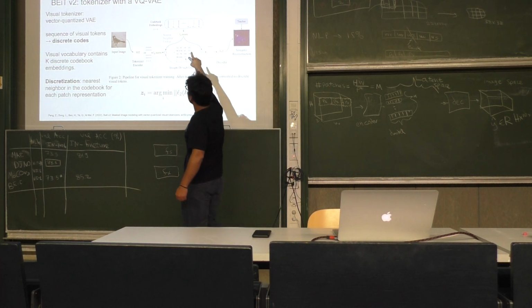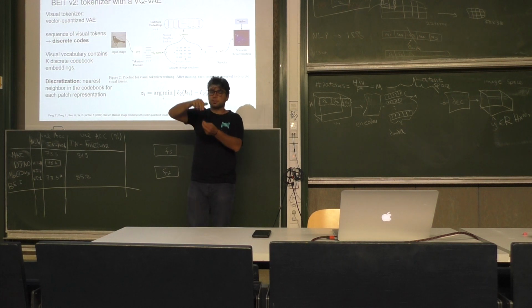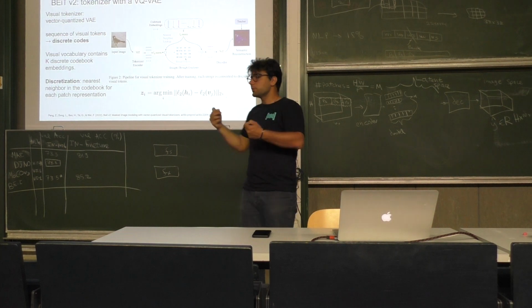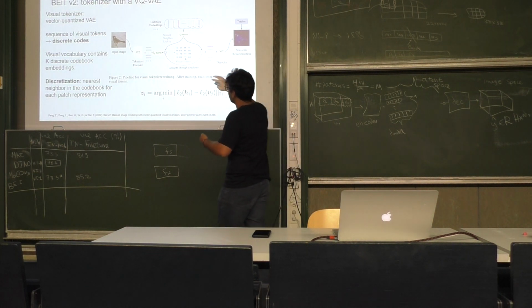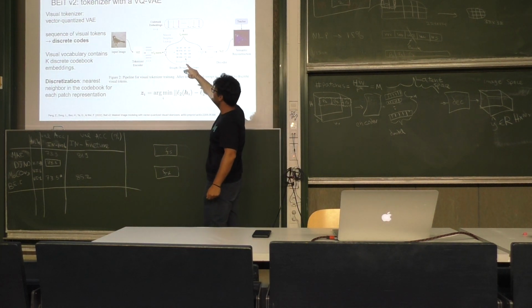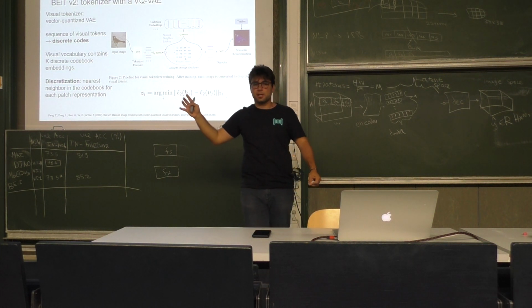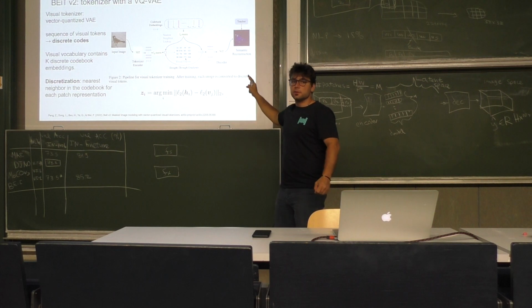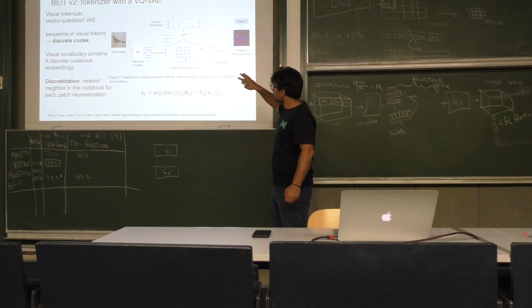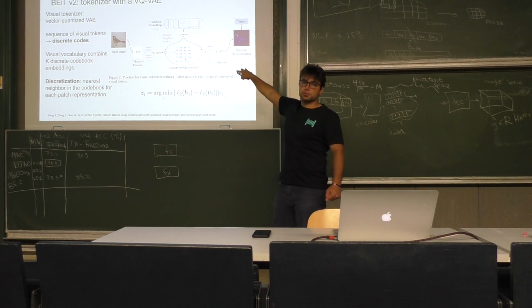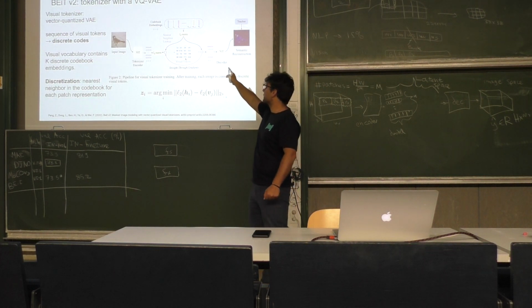These are learnable vectors, randomly initialized in the beginning, but still learnable during the training. We find the vectors using cosine similarity. It's called nearest neighbors lookup, but it's basically cosine similarity because everything is L2 normalized. And we find the entries of the codebook and use those for the decoder.